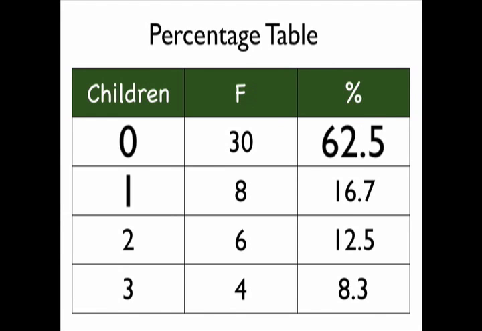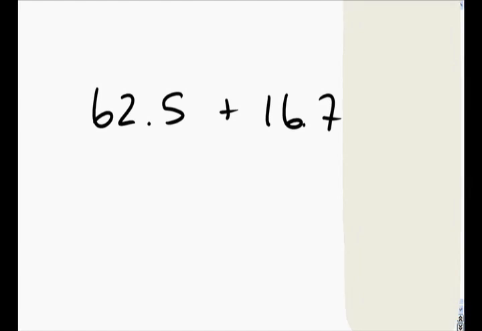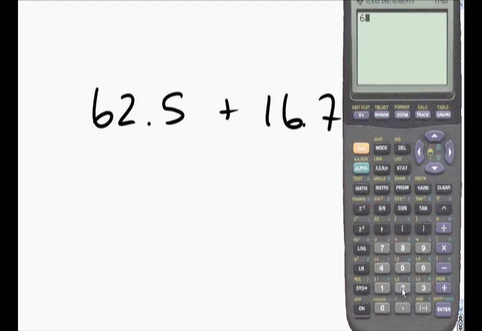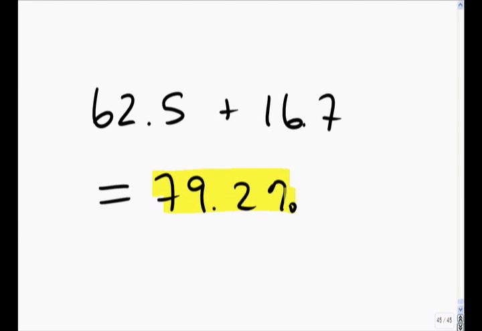So 62.5 and 16.7 when added will be our answer. 62.5 plus 16.7 is 79.2. 79.2% of the class has no more than 1 child.